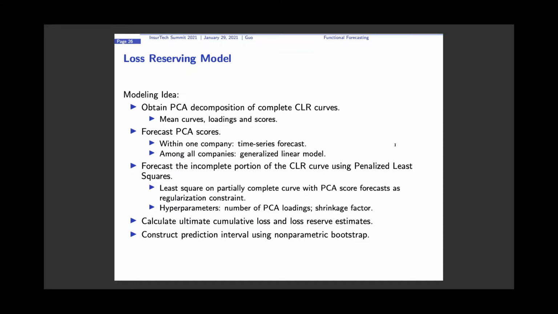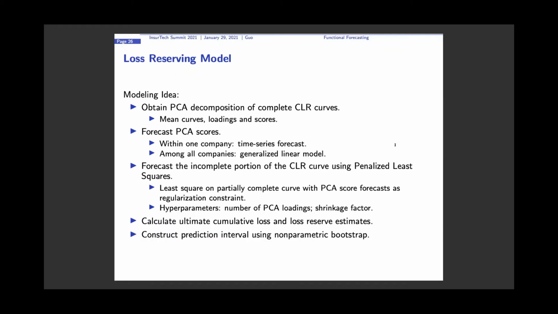Now these scores and loadings convey the industry-wide information. And the forecast of the PCA scores will depend on the covariates that we know. So for any type of company, we will obtain a specific forecast of the PCA scores.